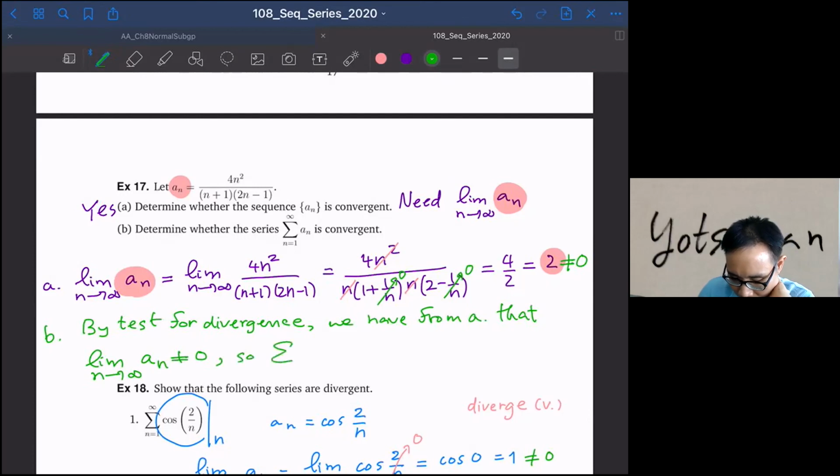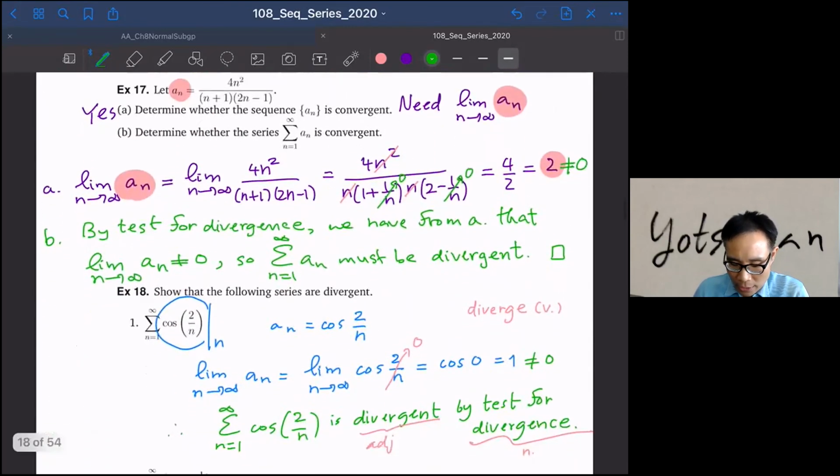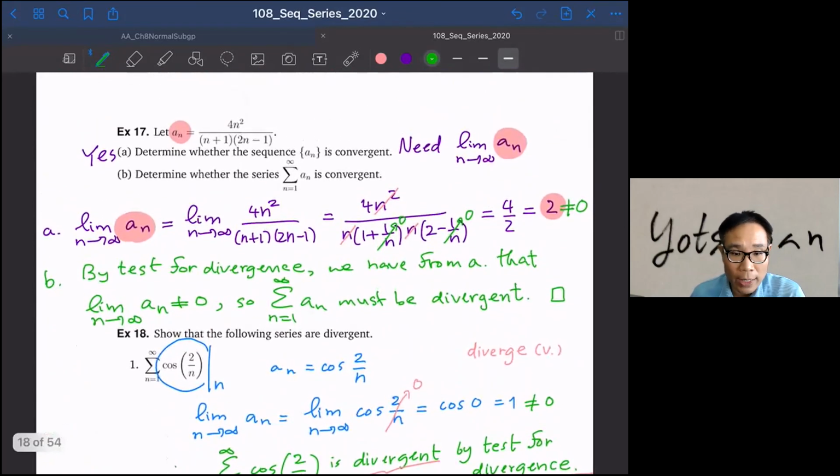So the series n equal to 1 to infinity of a_n must be divergent. This is how we conclude for B. For B, you don't compute S_n or anything. You just use from A that the limit of a_n turned out to be not equal to 0, and you use the test for divergence to conclude that the series is divergent.